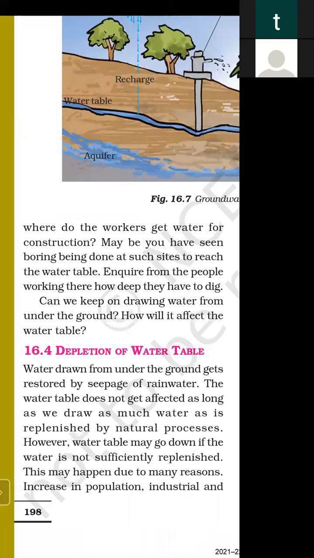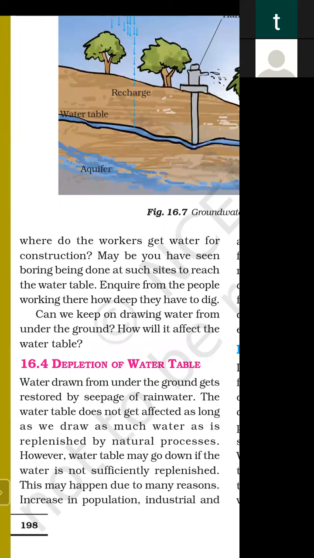Rainwater comes on the ground, the soil absorbs that water, and this water goes in a downward direction. That process is seepage, also known as infiltration, and with the help of this infiltration process, the groundwater gets recharged or restored.